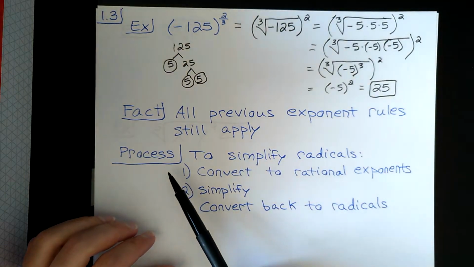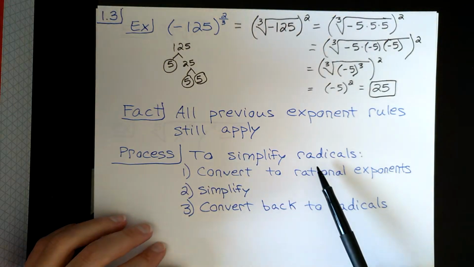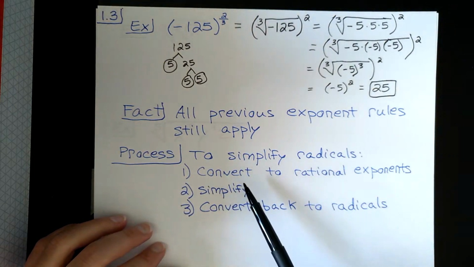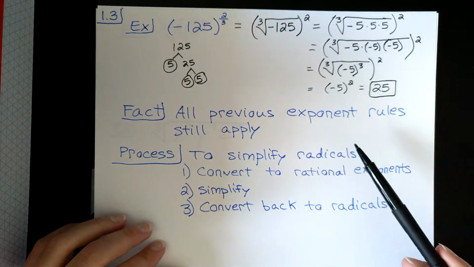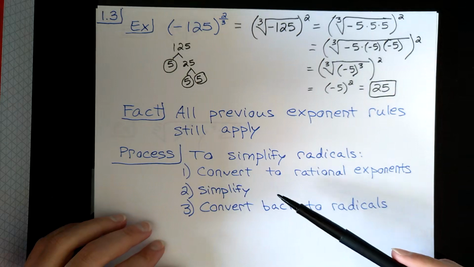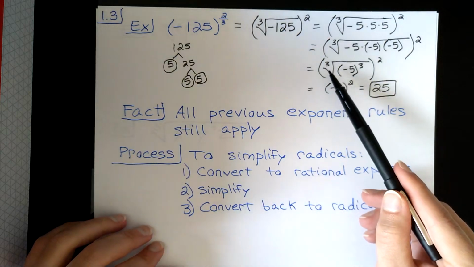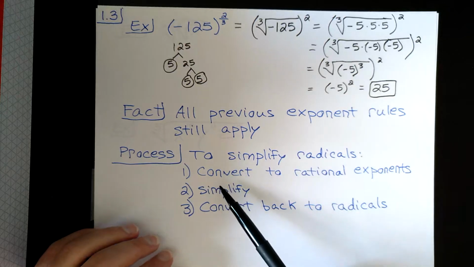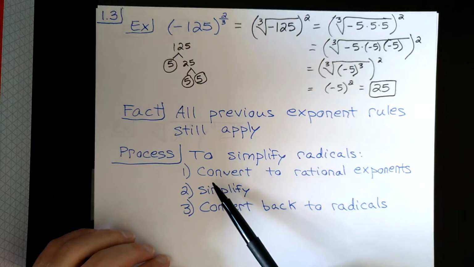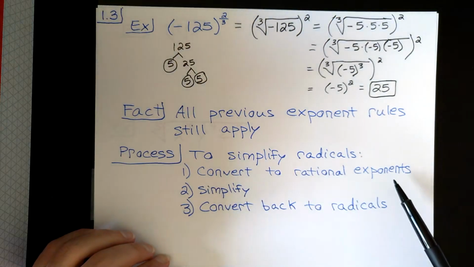So with that, to simplify radicals, another way that we can go about it, rather than just writing out all the factors like we did in the last video and canceling out however many we have depending on the radical index, a faster way to approach it is we are now going to be able to convert to rational exponents.